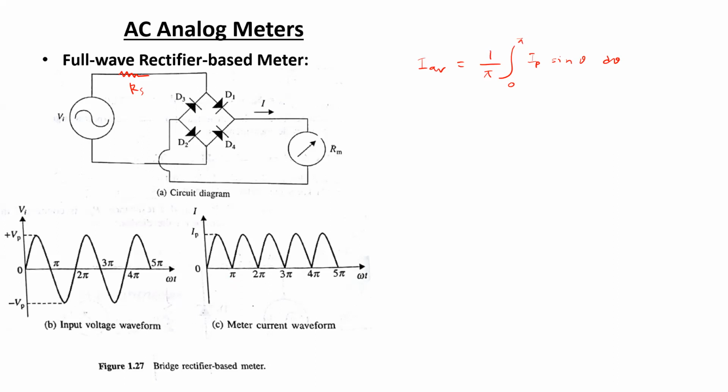But in this case, after each pi radians, the half cycle of the current is repeating.